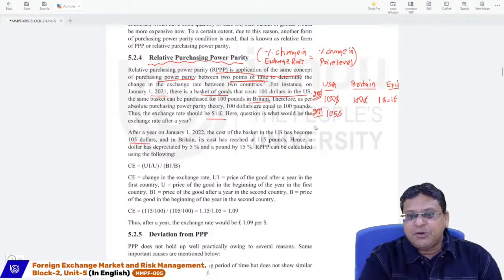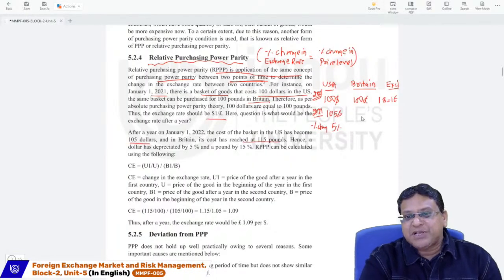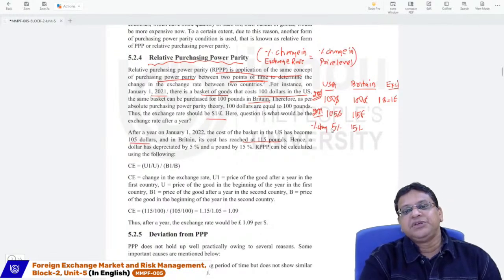What is the percentage change? 5% change. Inflation rate is 5%. In Britain, the basket becomes £115. That is 15% change. So Britain faces a higher level of inflation than USA.